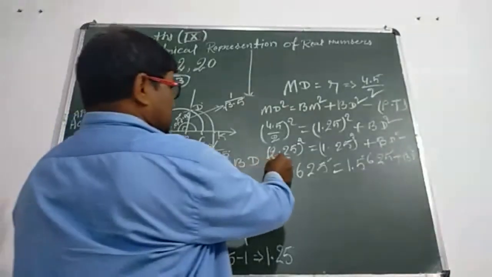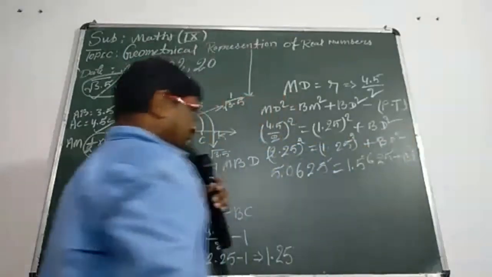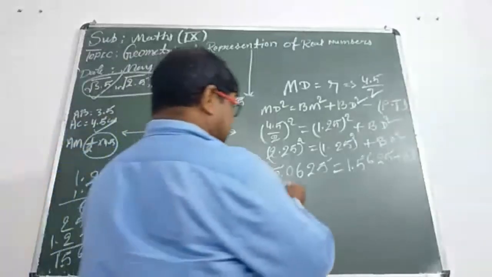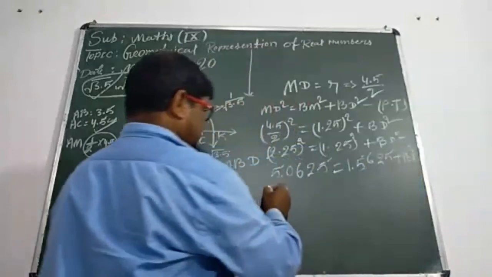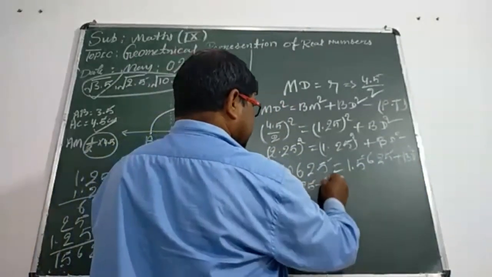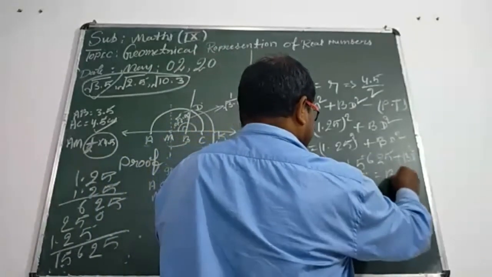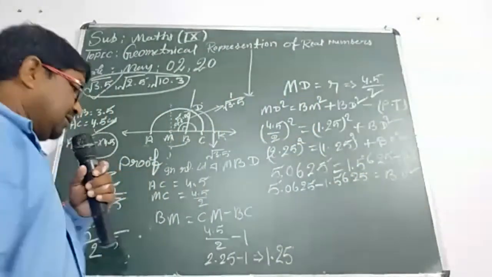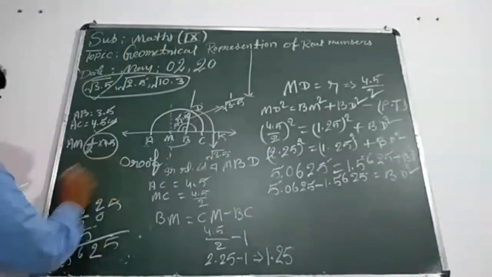Hello students, 2.25 square equals 1.25 square plus BD square. You can calculate yourself. Now 5.0625 equals 1.5625 plus BD square. Now we can write 5.0625 minus 1.5625 equals BD square. Can you subtract?